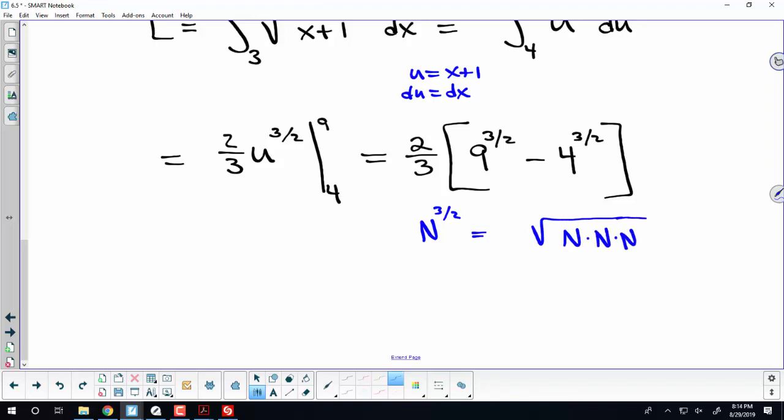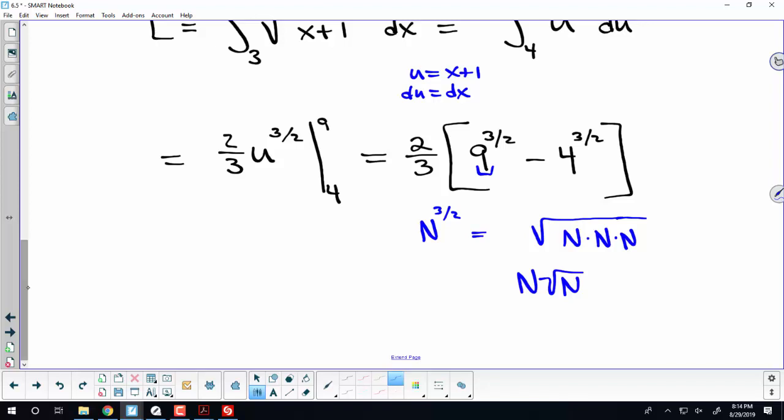So there's the square root of n cubed. Since we got 2 of those, we can pull that out. Some number to the 3/2, assuming it's 0 or positive, is just n times the square root of n. So what is this going to be? 9 to the 3/2 is 9 times the square root of 9, or 9 times 3, which is 27.